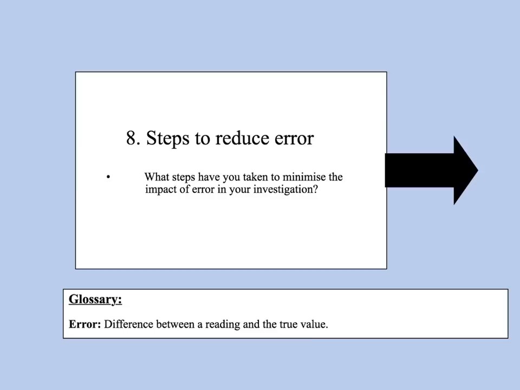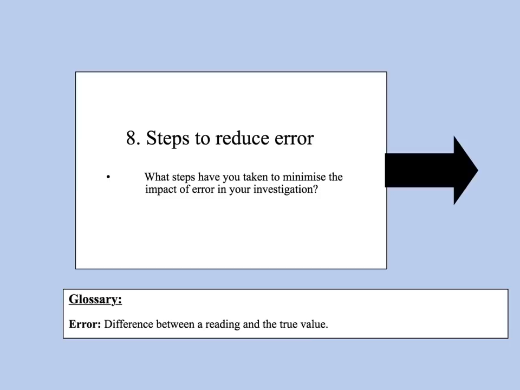If you're measuring field strength and you're dropping a ball, a step to reduce error is, well, you think about what could cause error. And one of the things that comes up is air resistance. So what you do, your step to reduce the error is to have a ball of very small surface area to minimize air resistance. So that's an example of a step to reduce error, and there are lots of them.